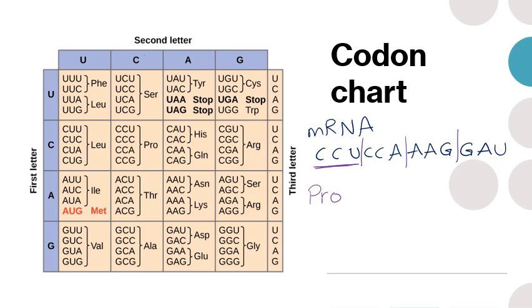Our next codon is CCA. So same thing, first letter is C, second letter is C. We're in this box here. CCA is pro. And that's an example of our degeneracy.